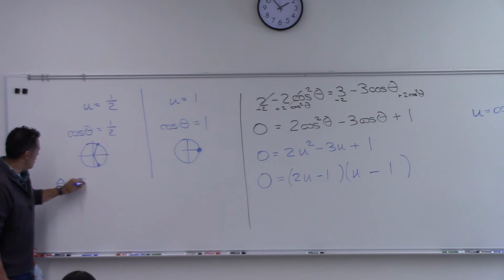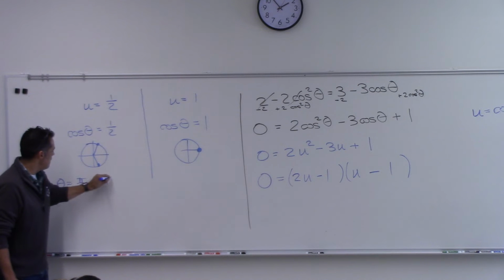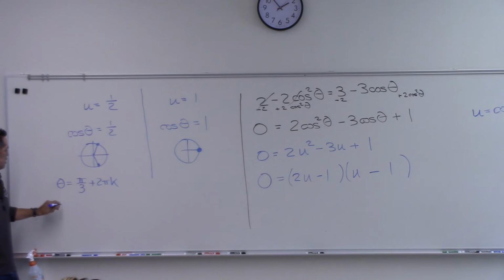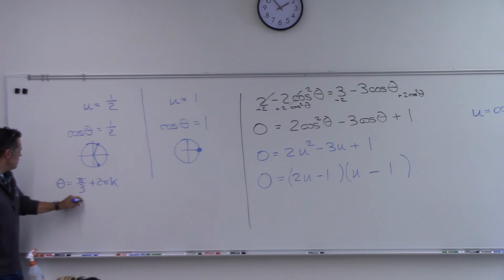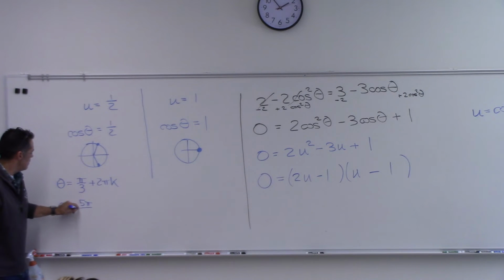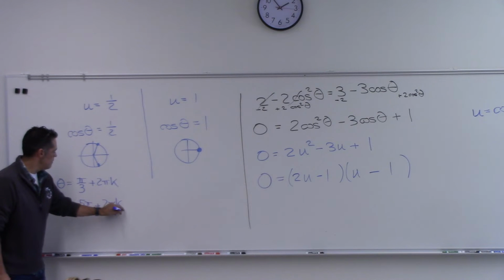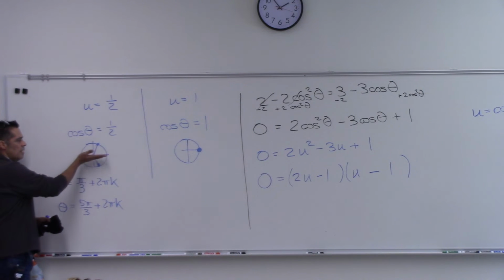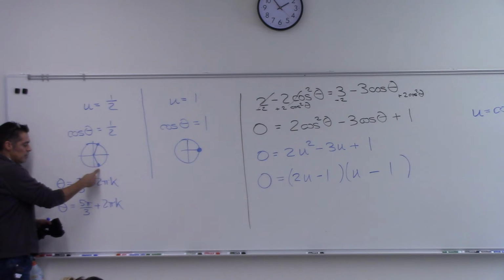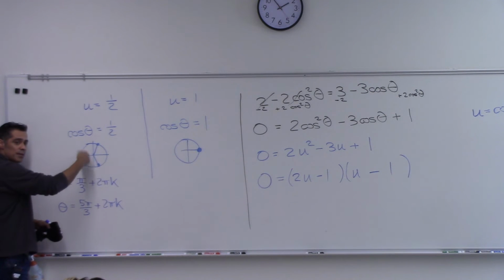Pi over, careful, pi over 3 plus 2 pi k. And the one down here is 5 pi over 3 plus 2 pi k. Pi over 3 plus 2 pi k, full revolution to get back to it. 5 pi over 3 plus 2 pi k, full revolution to get back to that.